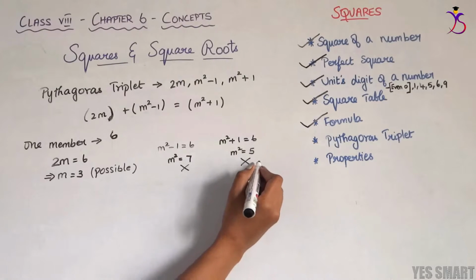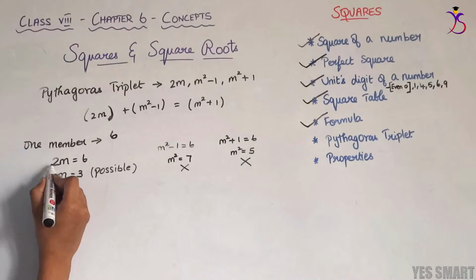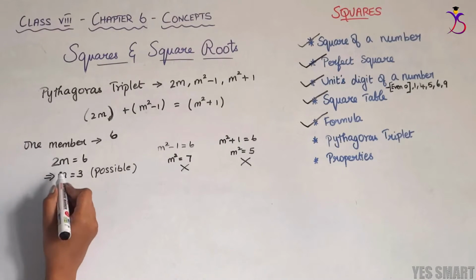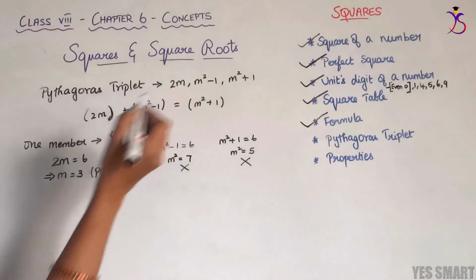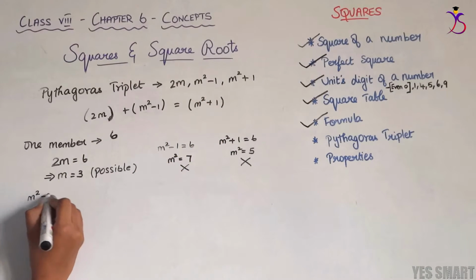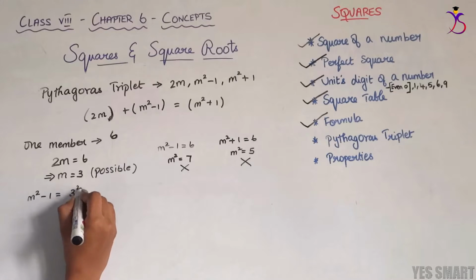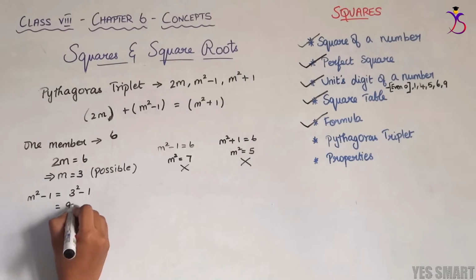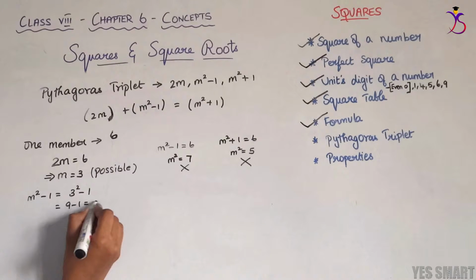So the member which we have taken, 6, is in the form of 2m. Since we know the value of m, we can substitute it in the other two forms to calculate the other values. So m square minus 1 equal to 3 square minus 1, which is 9 minus 1 equal to 8.